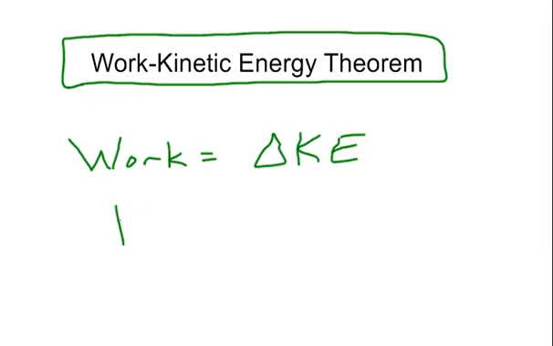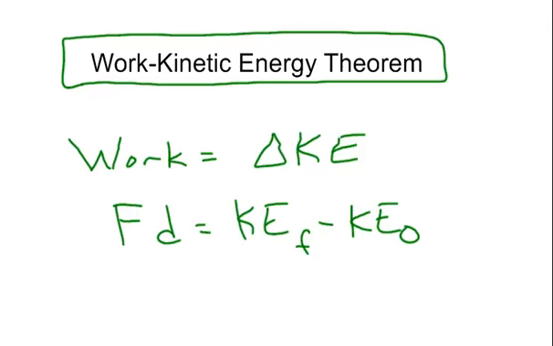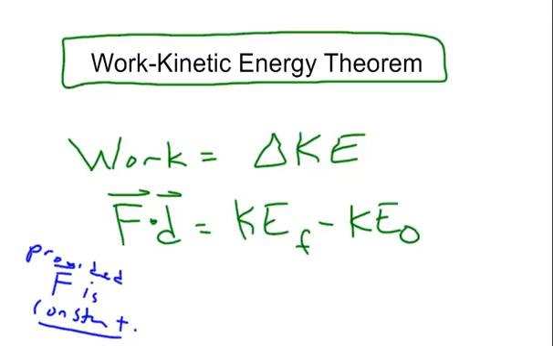Or we could write this as F dot d equals kinetic energy final minus kinetic energy initial. And written this way, this is provided that F is constant. We'll look at how to address it if it's not constant in a second. This is a very important theorem which we will be utilizing quite a bit. It's very powerful in terms of doing mechanics in physics.